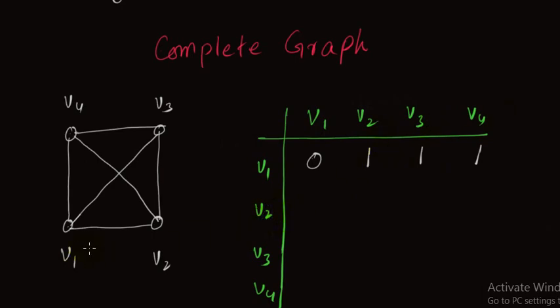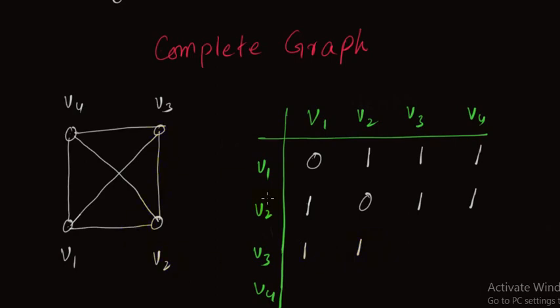Similarly for V2, V2 is adjacent to all other vertices, so I choose 1 value here. V2 and V2, as there is no loop at V2, here we choose 0 value, and again 1, 1. Similarly for V3 we have 1, 1.